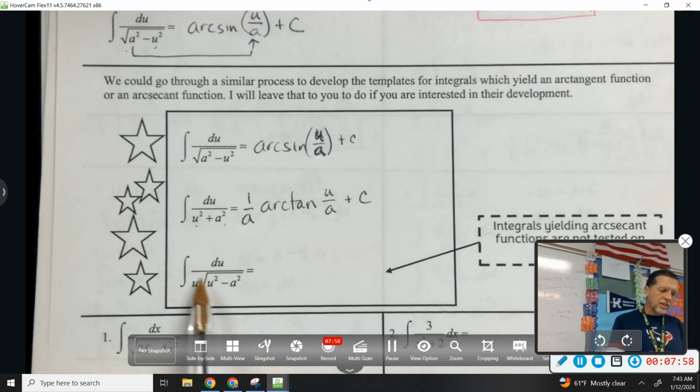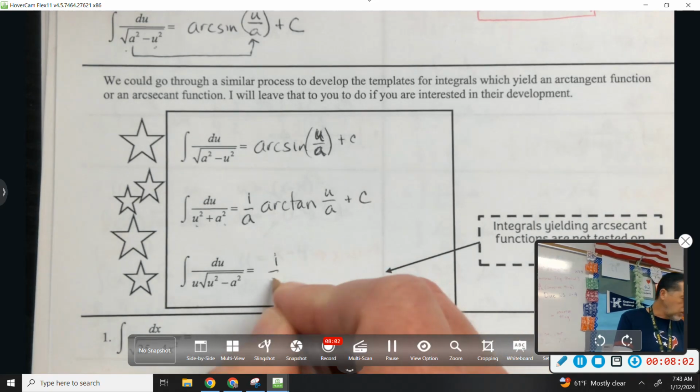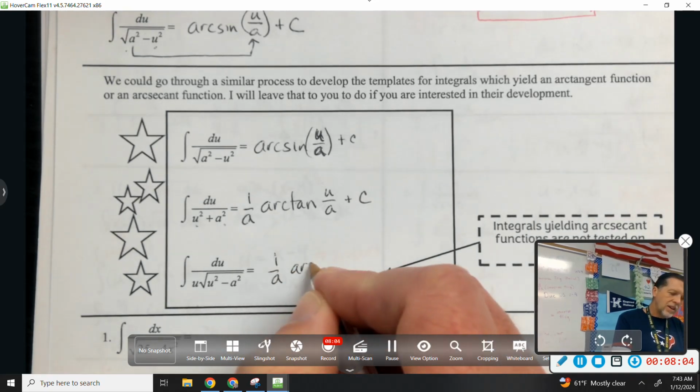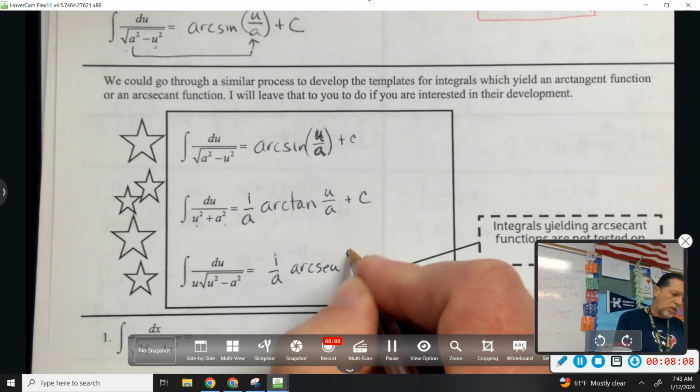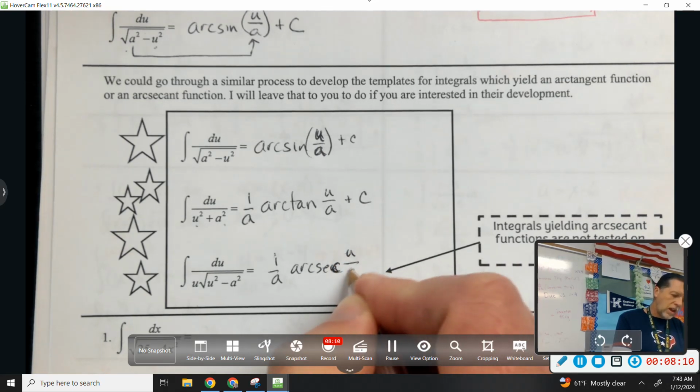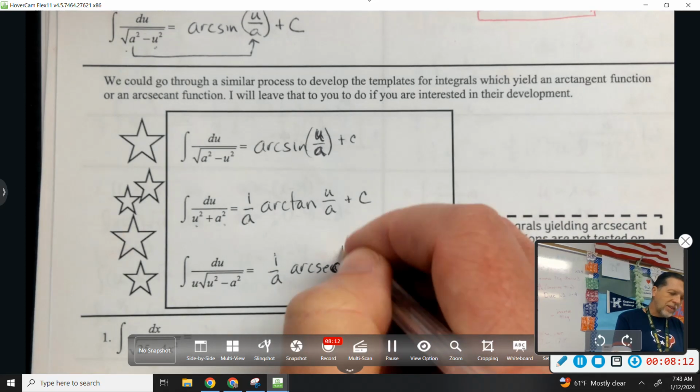This next one looks like arcsecant. It's also the only option left. It also has a 1 over a out front. Arcsecant u over a. And this one gets an absolute value on there.